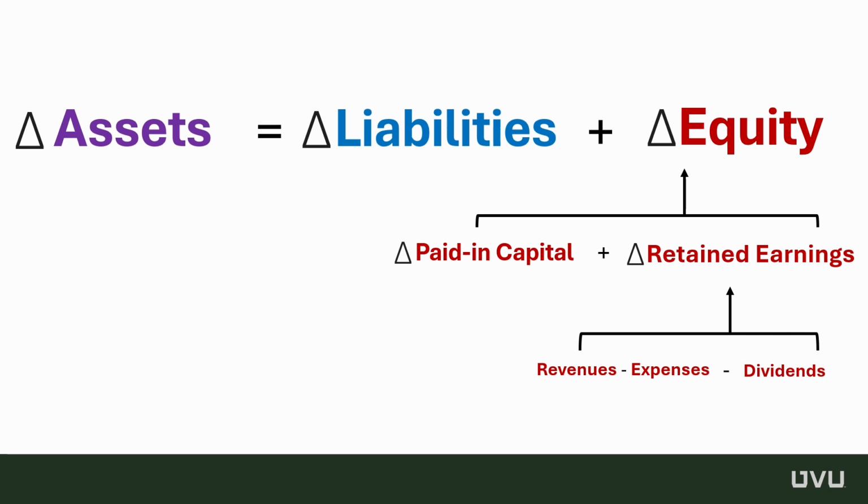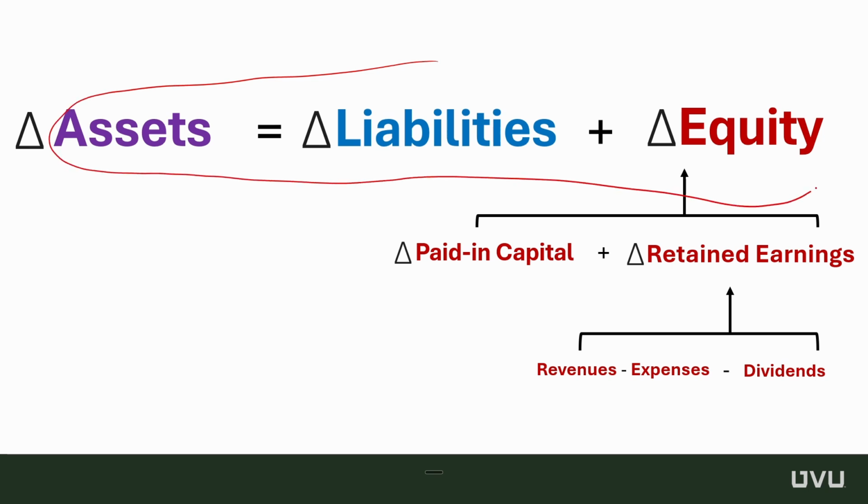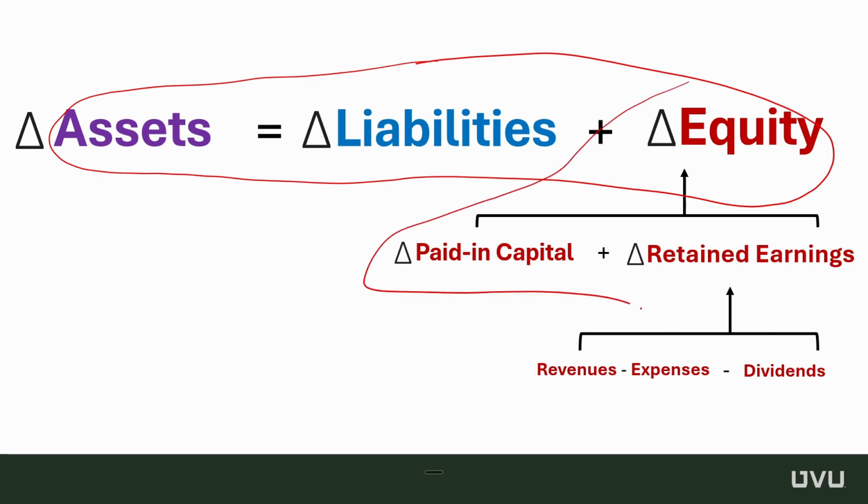Having disaggregated these various components of the accounting equation, it's like we're looking at three financial statements all at once. At the top here, it's like we've got a balance sheet showing how our total assets are changing as our total liabilities and shareholders' equity are changing. Then, focusing on the right-hand side, we've got the various components of the statement of changes in owner's equity.